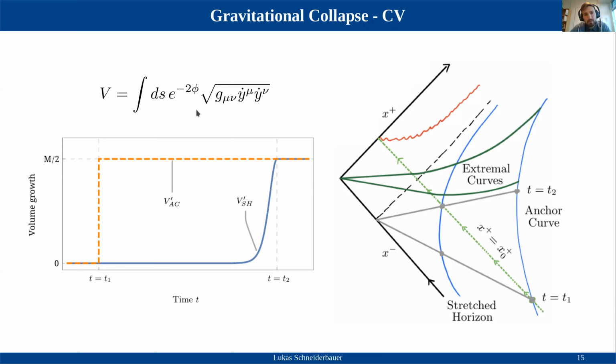But on the other hand, the volume is dimensionful, right? Maybe I didn't get the essence. So the problem was that if you didn't have this e to the minus 2 phi, then you would not get the linear growth, or you would not get the linear growth of the right coefficient. No, I would not get linear growth. Oh, okay, so it was really special. Exactly. Okay, very good. Thanks.